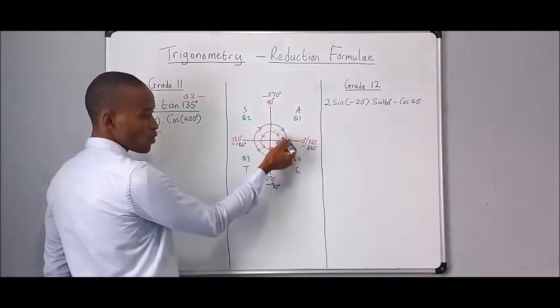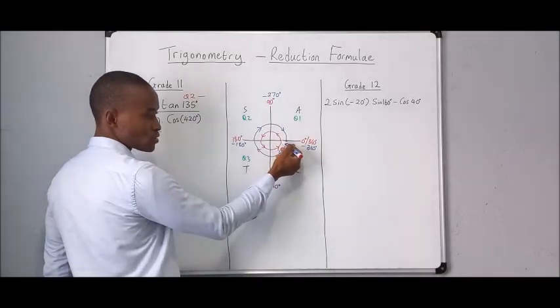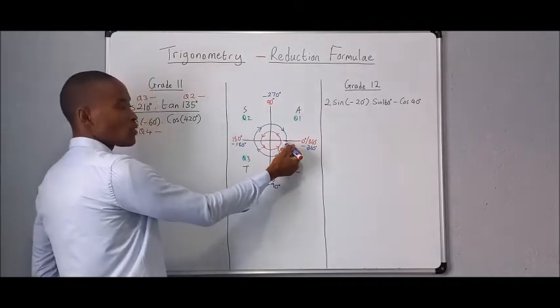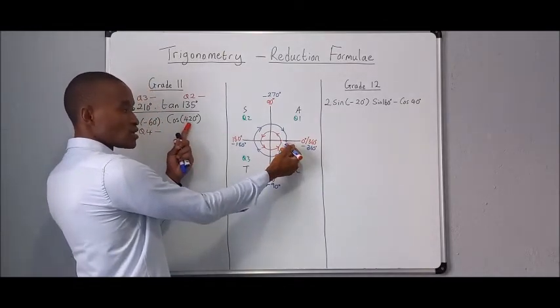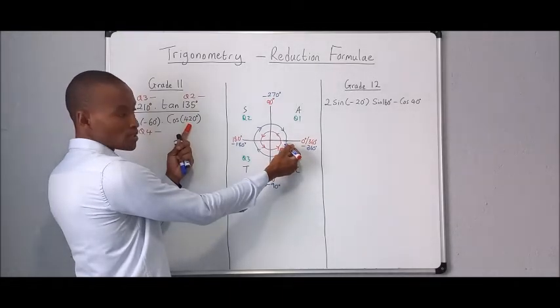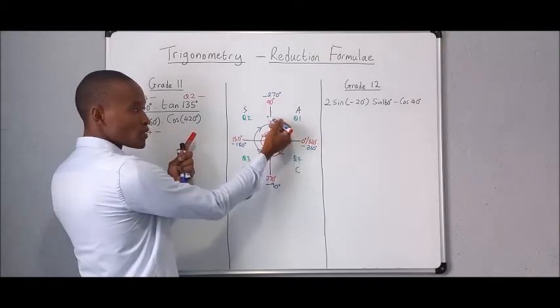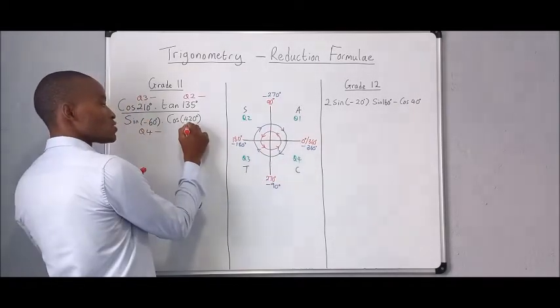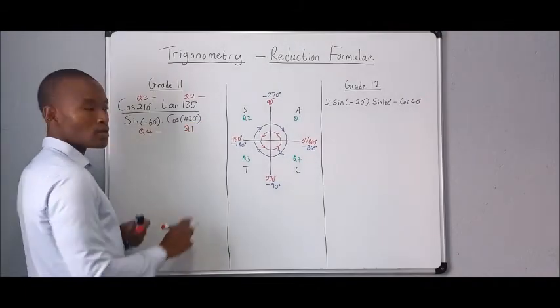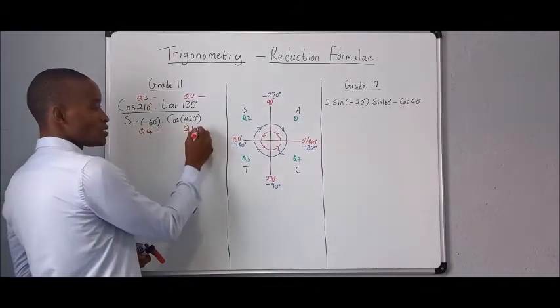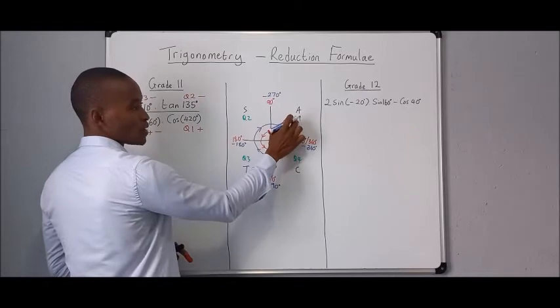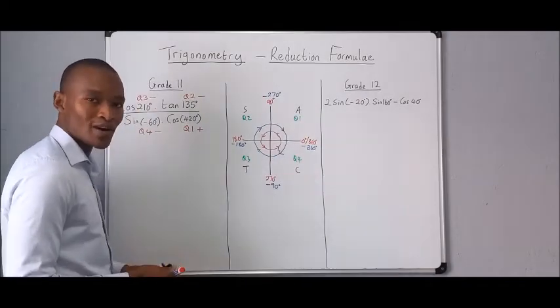So we've completed one full cycle, 0 to 360 degrees. Now we are at 420 degrees. So 360 degrees plus what will give you 420? Plus 60. So you're back in quadrant 1, because 60 degrees is an acute angle. It's between 0 and 90. So this is quadrant 1. Okay, and cos in quadrant 1 is positive. Here we are, all are positive in quadrant 1.